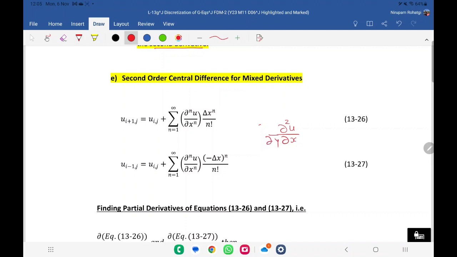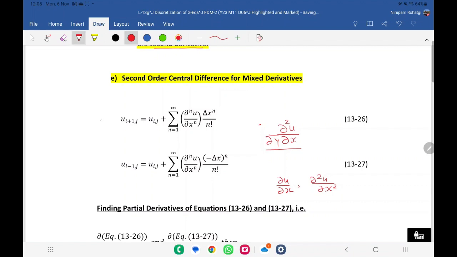This is the mixed derivative. We have talked about del u by del x, okay? Del square u by del x square. Now we are talking about this. Okay. So how do you do it?